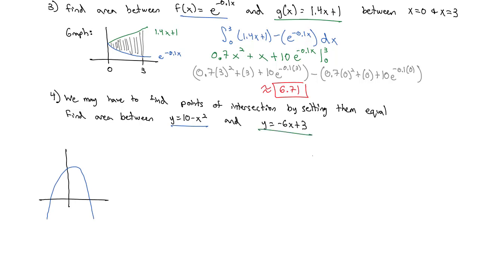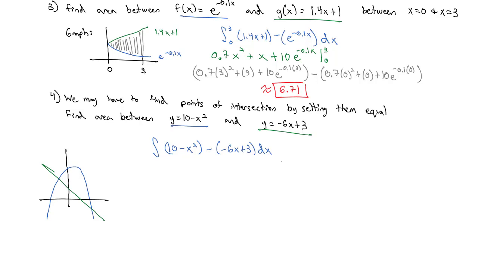And y equals negative 6x plus 3 is going to be something like this. And so we see the blue one's on top and the green one's on the bottom. So we know we're going to actually integrate the blue one's on top, 10 minus x squared, minus the negative 6x plus 3 dx.